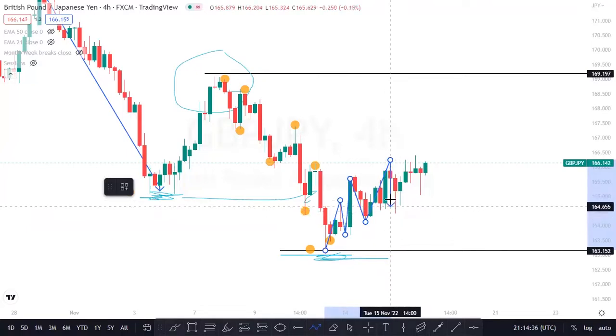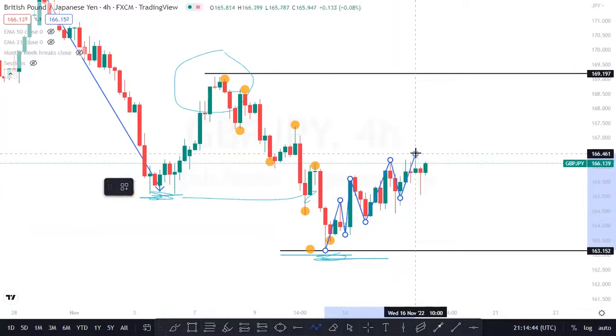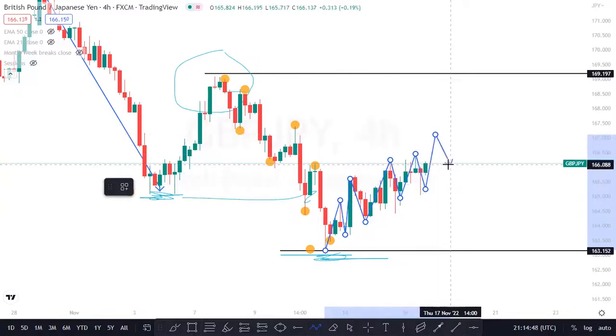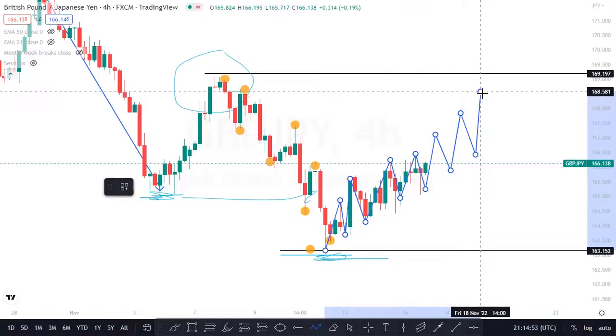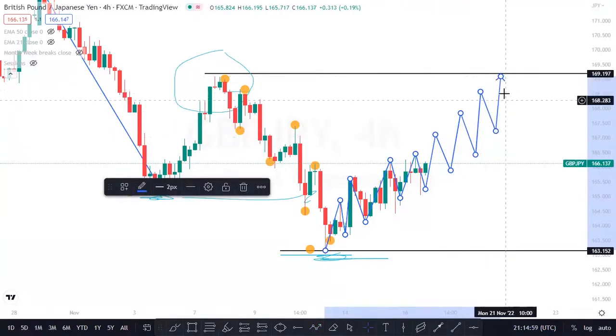But look at where the candle formed. The candle body is above it, so it is valid here, and then it is currently making a high here. So you could see the market structure forms everywhere, but you should know where the direction of the market actually is.